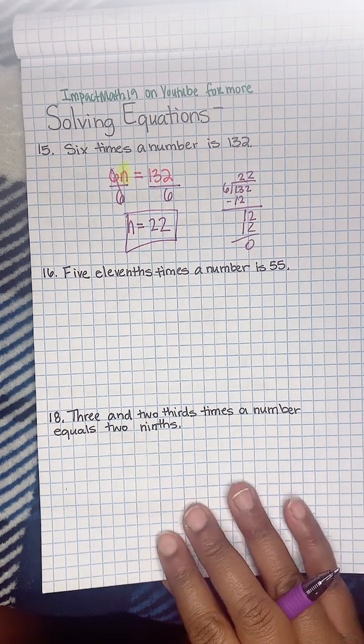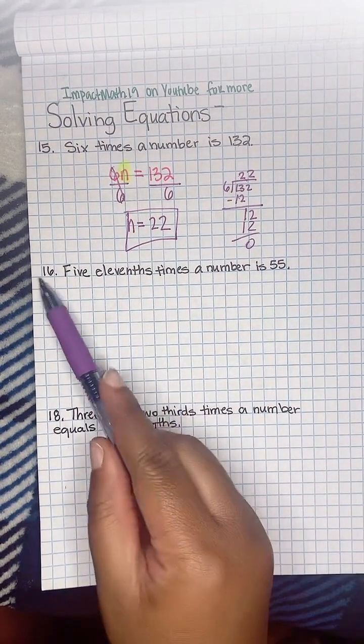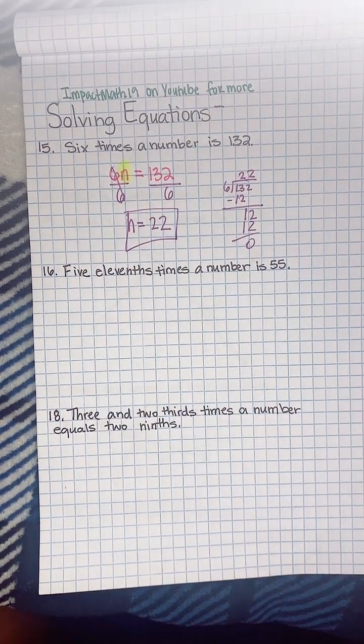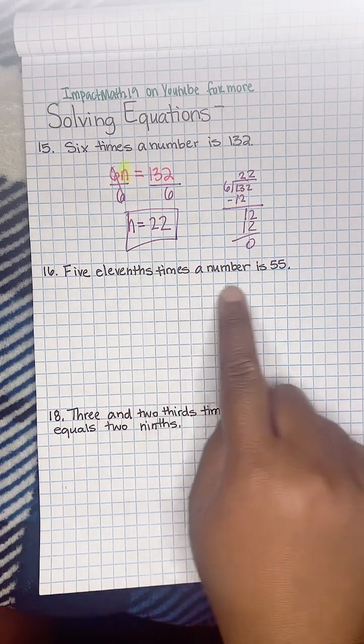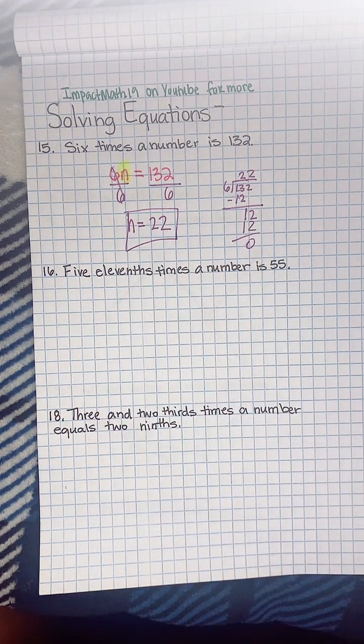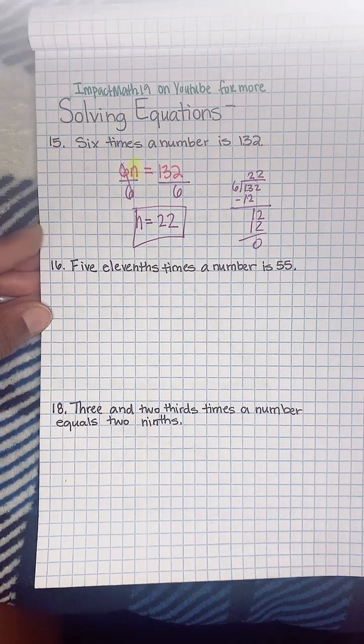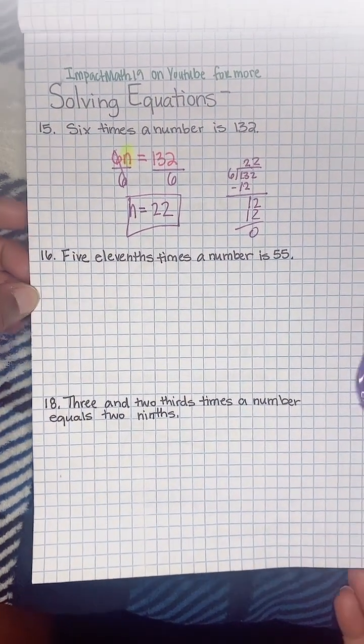Okay. Wonderful. All right. Can we see 16 in the chat? Can you guys tell me how you would write this out? Oh, somebody said they can't see it. Oh, sorry.